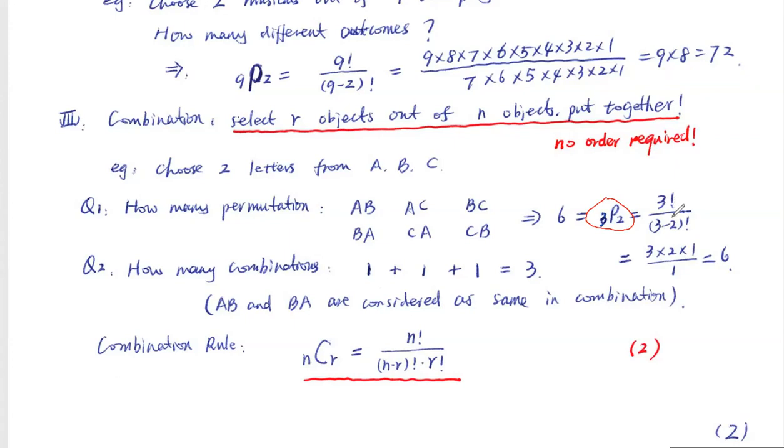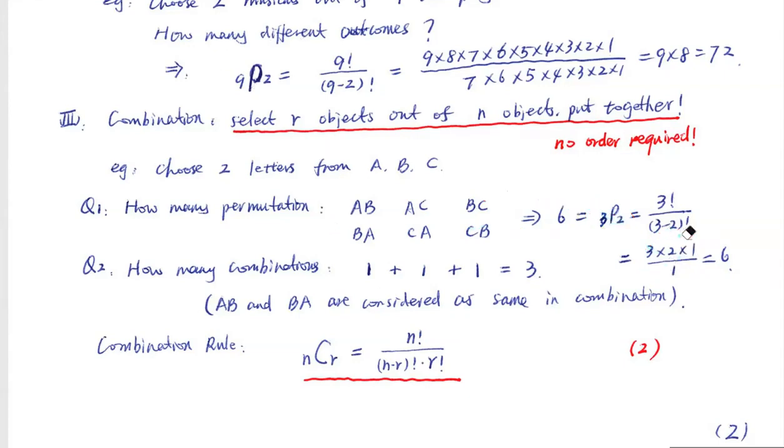So 3 factorial means what? 3 times 2 times 1. 3 minus 2 is equal to 1, and 1 factorial is 1. So when you solve this, it's equal to 6. So we are right. We did not miss anything here. We have listed all 6 possible outcomes.